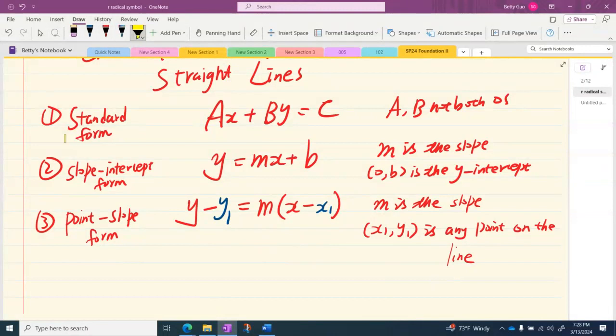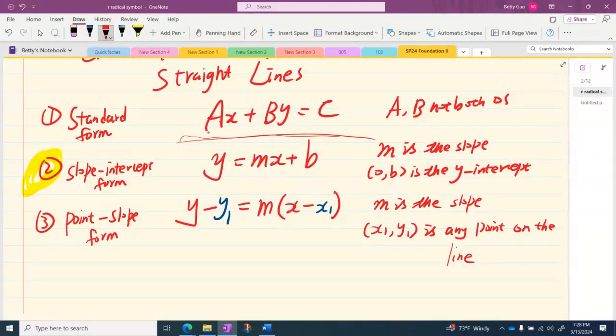Slope-intercept form is the most commonly used because for a straight line, slope-intercept form is unique. Standard form is not unique either, since you can modify it. Only slope-intercept form is unique. For point-slope form, the point could be any point as long as it is on the straight line.